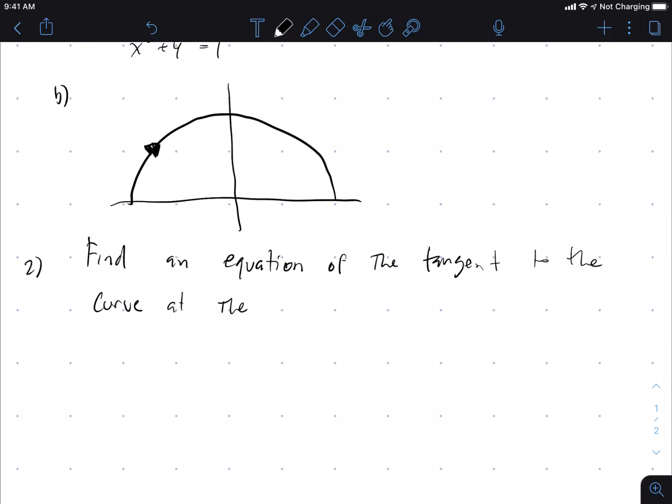Slope. That's right. And what does that mean to find the slope? That's right. I'm trying to write it down for you so you have the exact problem. Parameter.